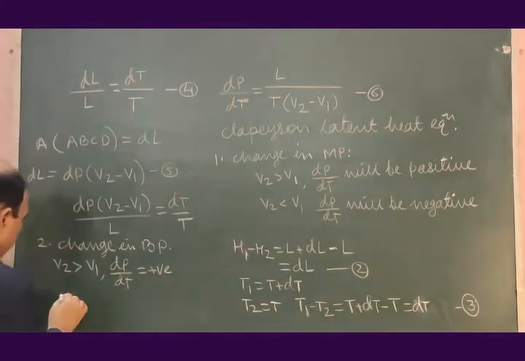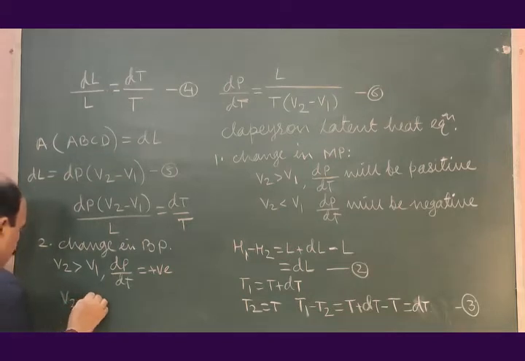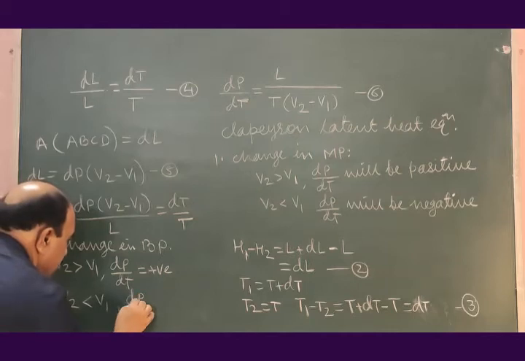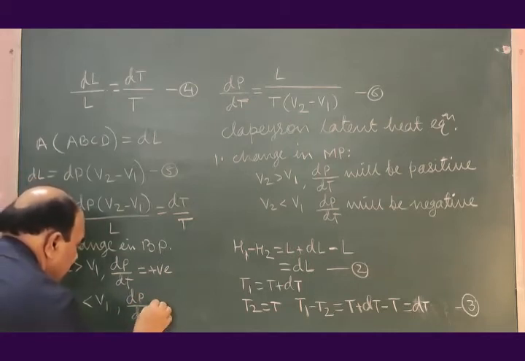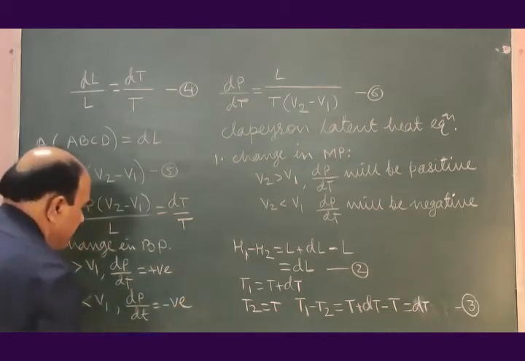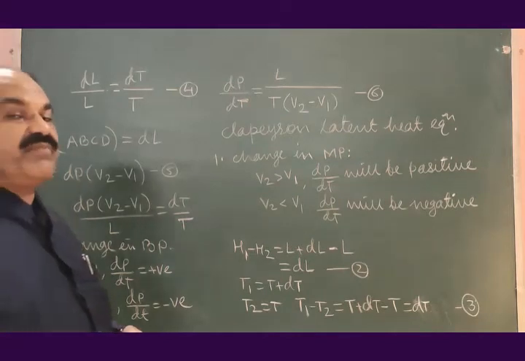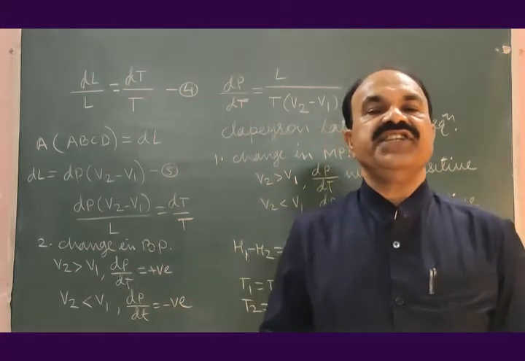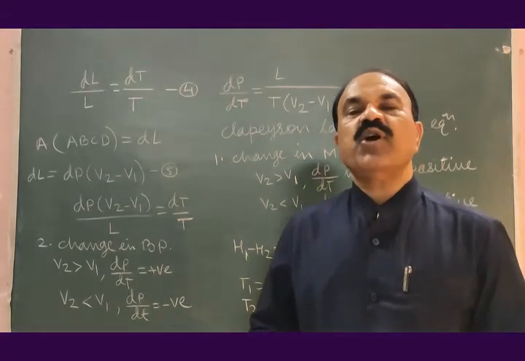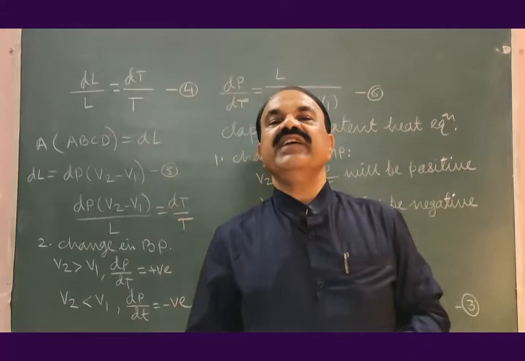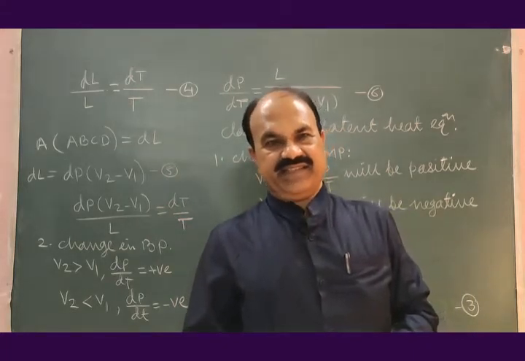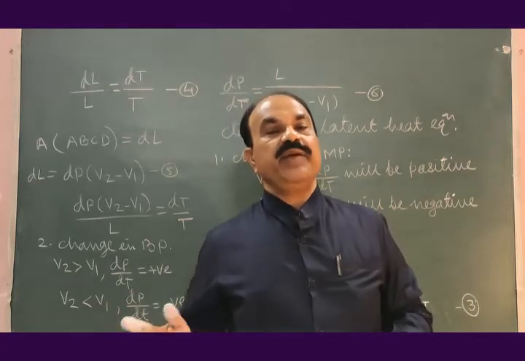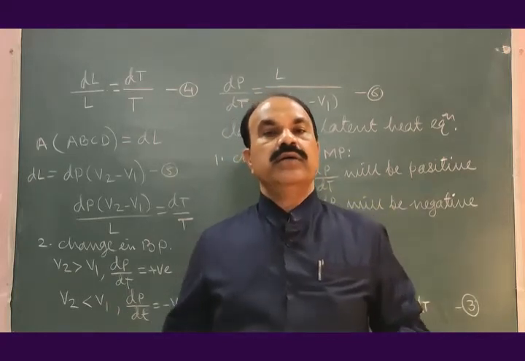The second case may be V2 smaller than V1. In this case, dP by dT will be negative. What does this mean? If pressure on a liquid is increased, its boiling point will decrease, and vice versa.